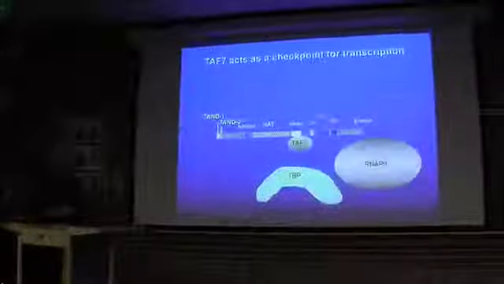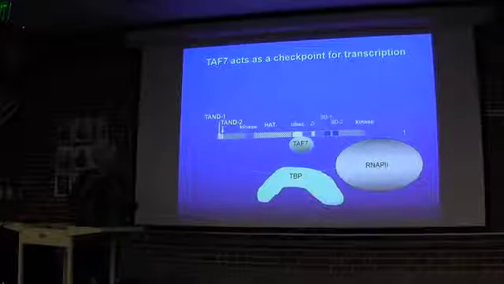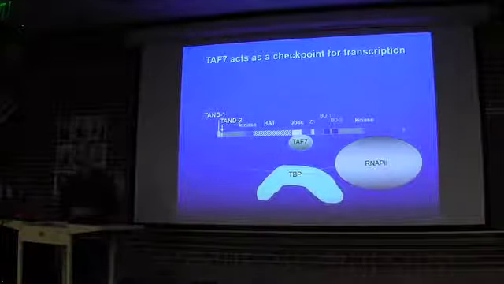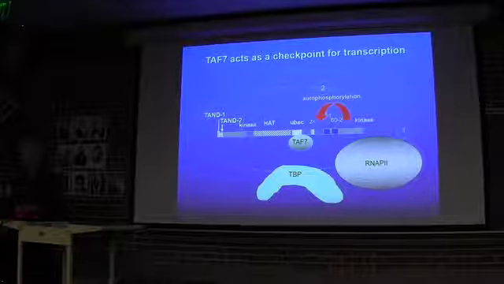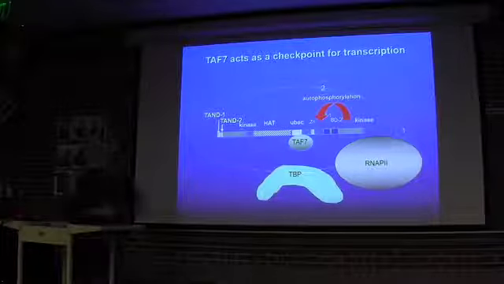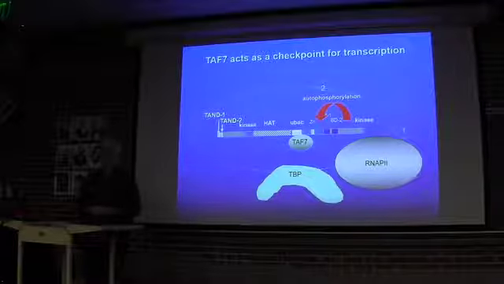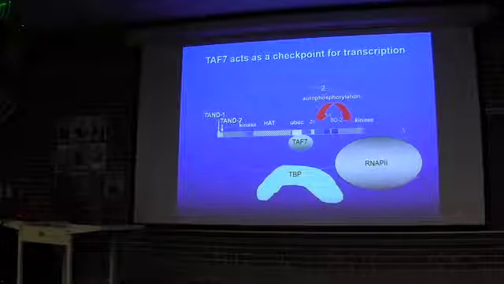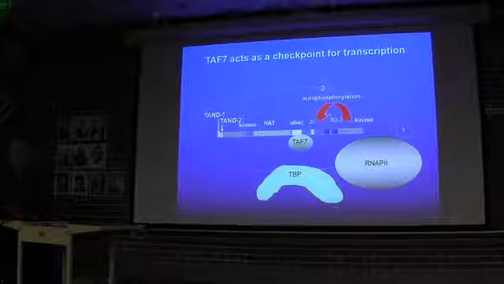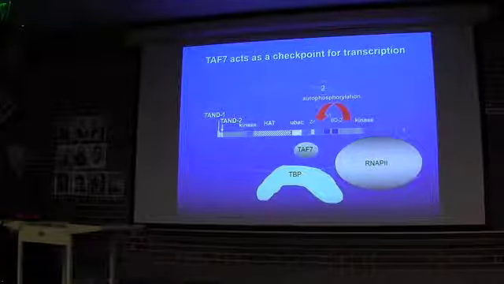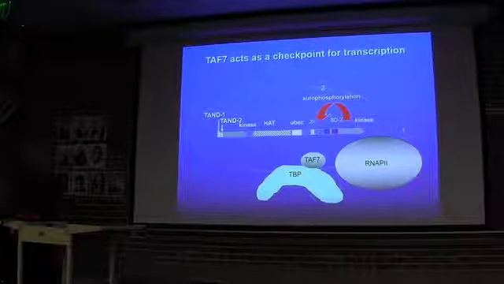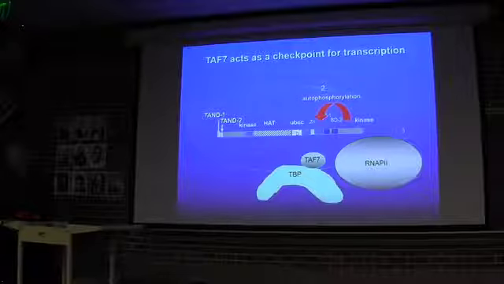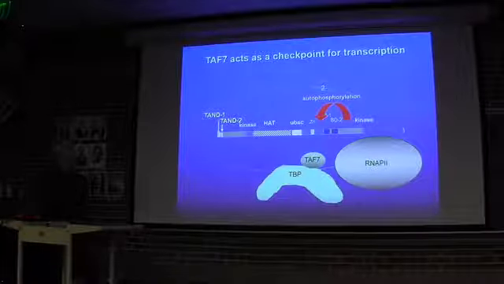When RNA polymerase actually arrives at the pre-initiation complex, that acts as a signal for phosphorylation. TAF1 phosphorylates itself. When it does that, it causes TAF7 to lose affinity. TAF7 now transfers over to TBP. When that happens, notice that you have exposed the monoubiquitination activity.